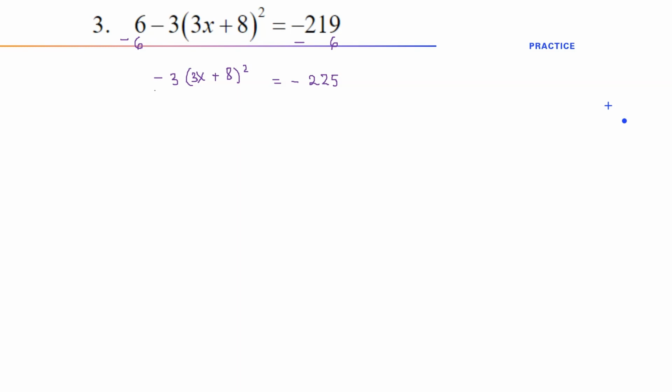So we will divide both sides by negative 3. Negative 3 divided by negative 3 is 1. So on the left hand side, we are left with (3x plus a) squared, equals, this one negative divided by negative makes it positive, 225 divided by 3 is 75.